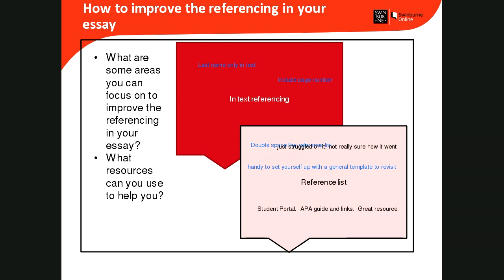In terms of how you go about the referencing, there were some essays that had a large number of direct quotes. Now, direct quotes are great because they can clearly identify some information you want to elaborate on. But they should be the elaboration. They shouldn't actually be your point.